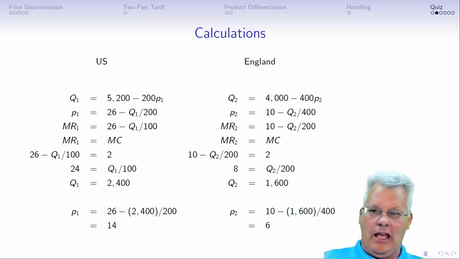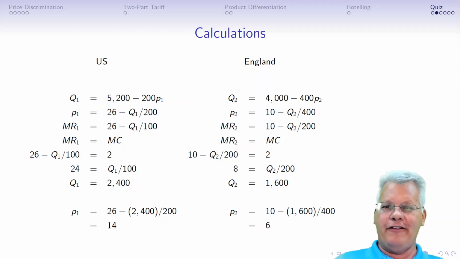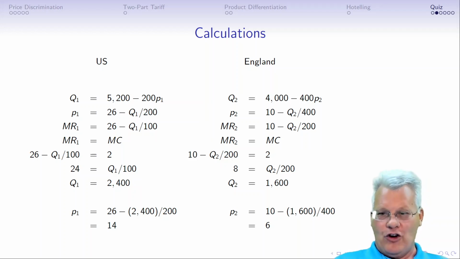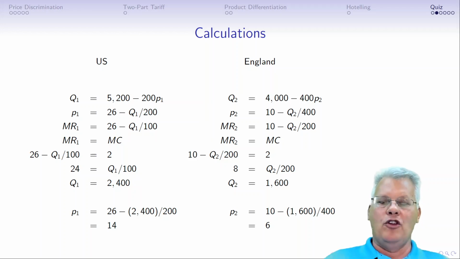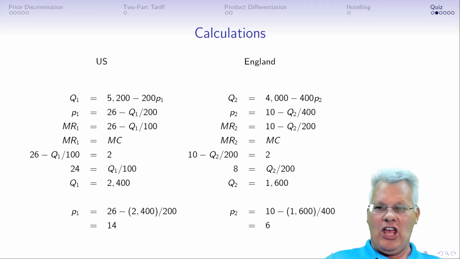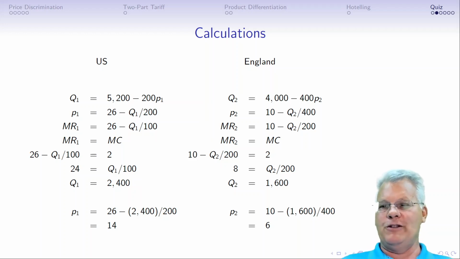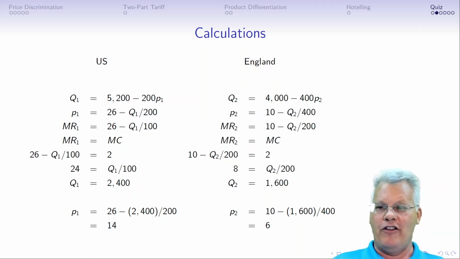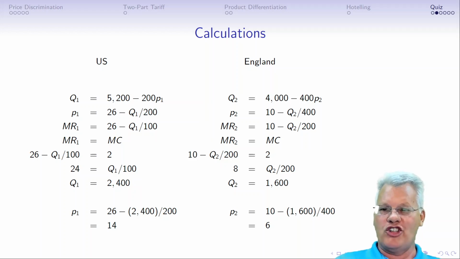Right? So in the US, starting on the left, we have demand, we invert it, then we get marginal revenue. You remember we take P1 multiplied by Q1 to get total revenue in the US, differentiate with respect to Q1 to get marginal revenue, set it equal to marginal cost.